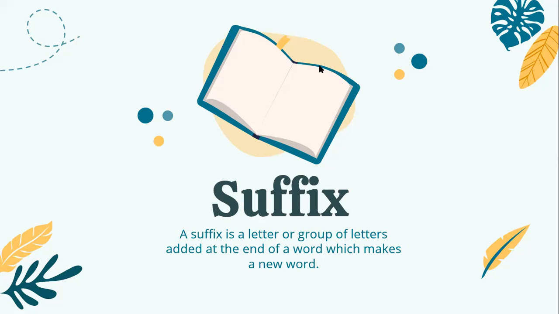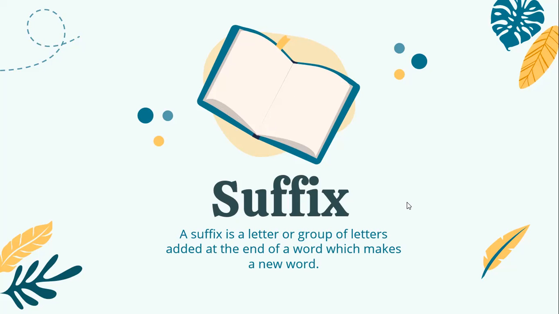Before, we took prefixes, which are letters added at the beginning of the word to change its meaning. But the suffix is added at the end of the word, which changes the word or makes a new word.